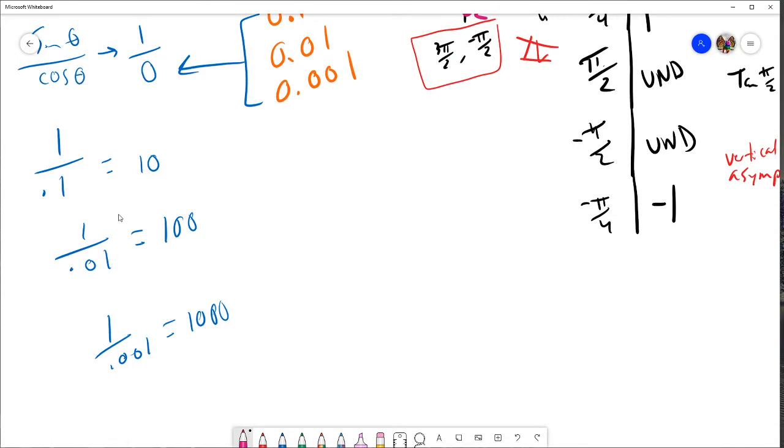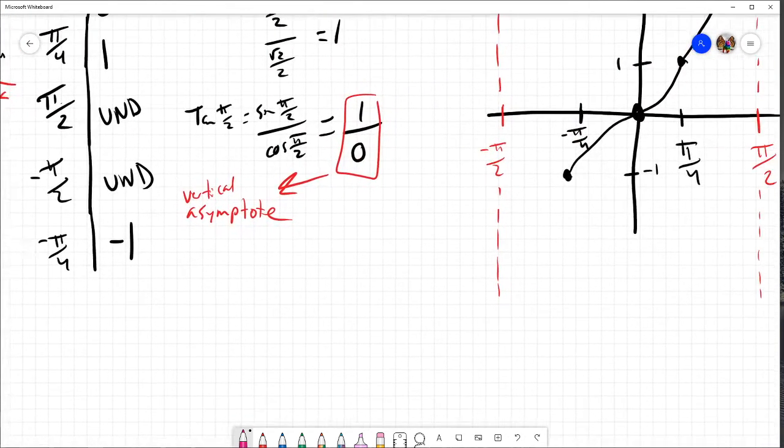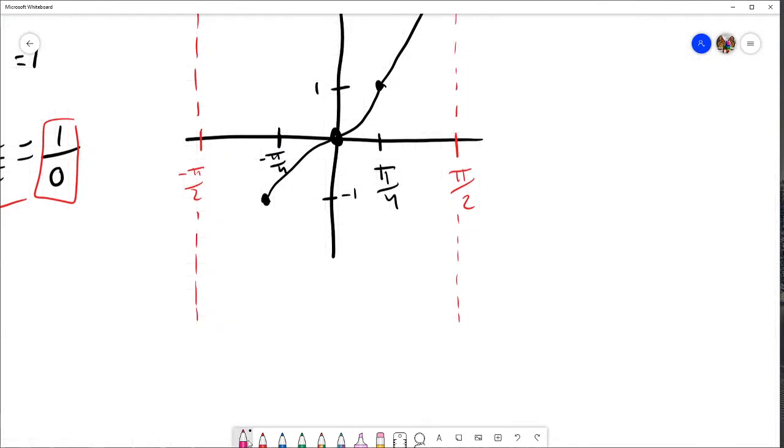That means instead of a 10, it would be like a negative 10, because that's negative, negative, negative, all the negativity there. So that means this thing here is going down like this.